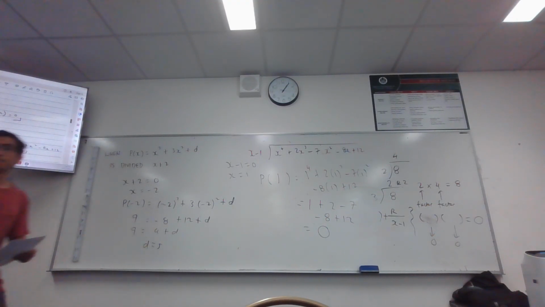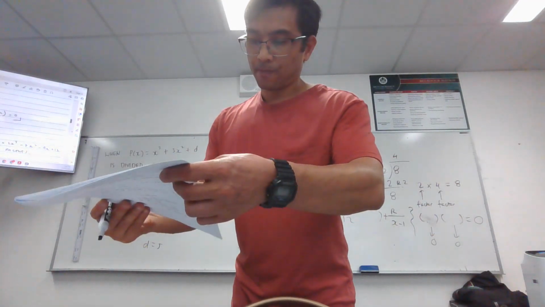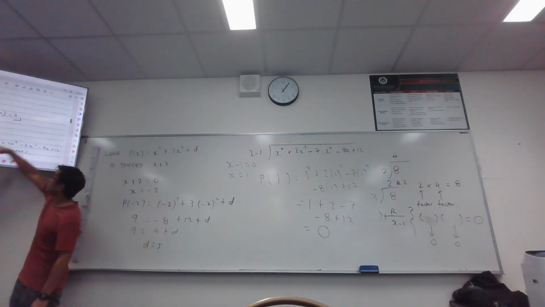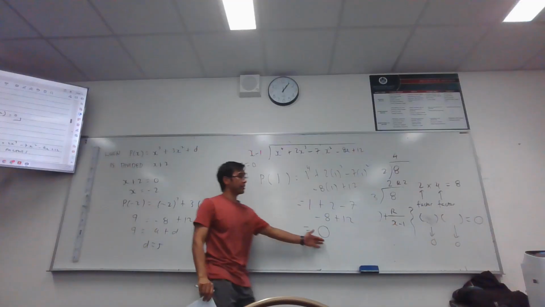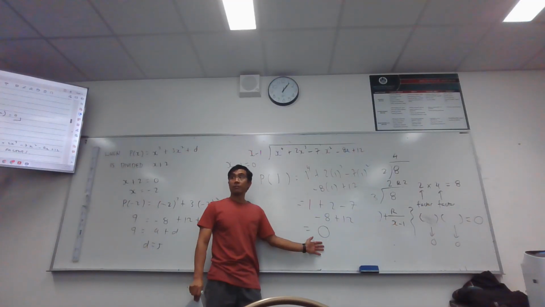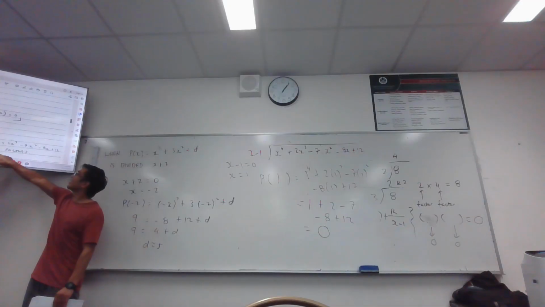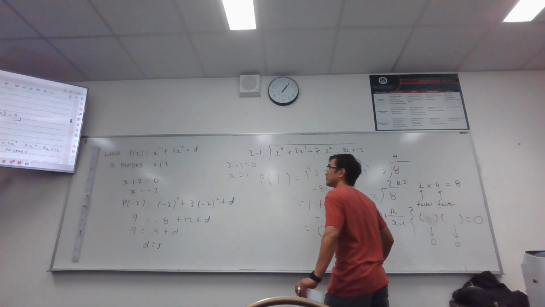Any questions with that? Says here, there's two parts to the question. We've done the first part. We've shown there's a factor because 0 has appeared in our remainder theorem. Now we're going to find the other linear factors. We're not done yet.